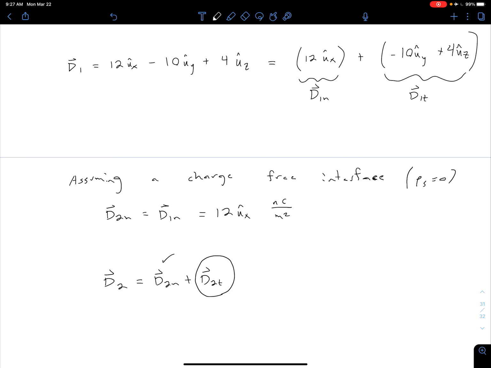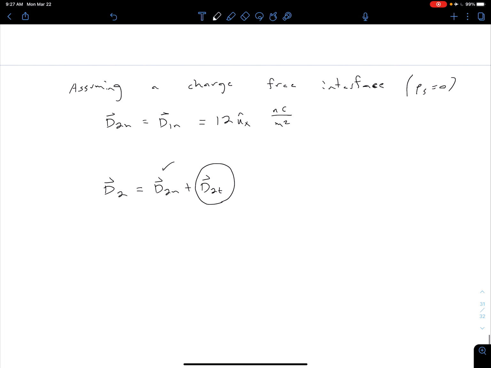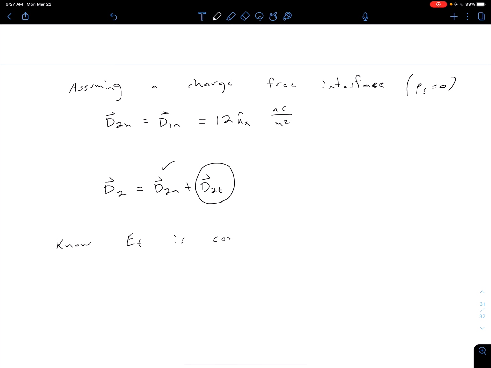We can't say our electric flux density tangential component is continuous at the interface, it's discontinuous. So what we need to do is consider our electric field component that's tangential to the interface. Let's come down here and say we know that our E sub t is continuous across the interface.